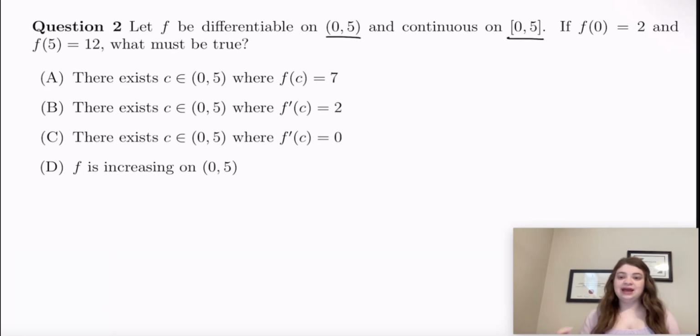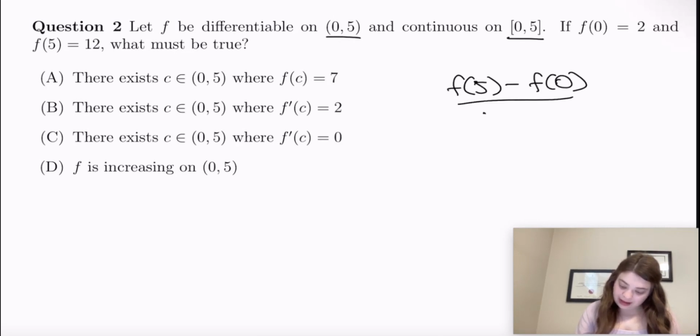And they're saying that at f of 0 we have 2, and at f of 5 we have 12. So therefore, there must be some value where we get exactly the average, right? There must be some value for which f of 5 minus f of 0 over 5 minus 0 must be the instantaneous slope at some point c.